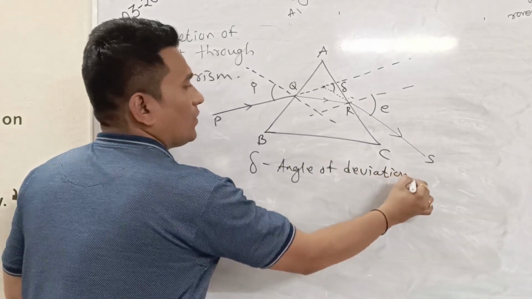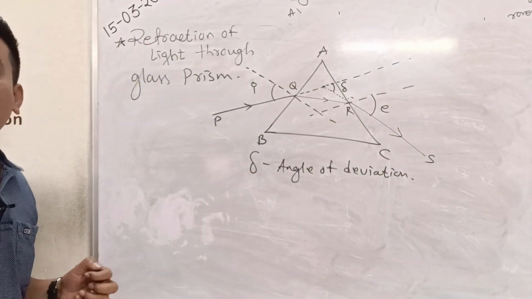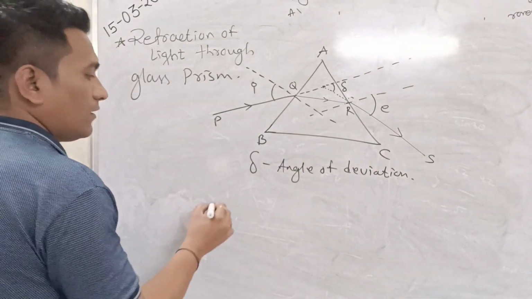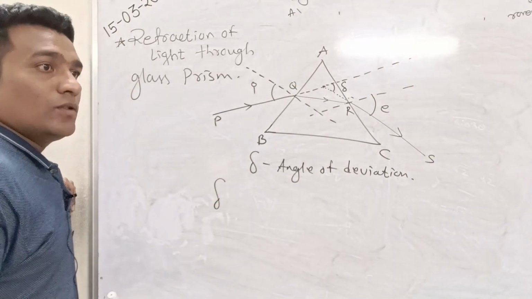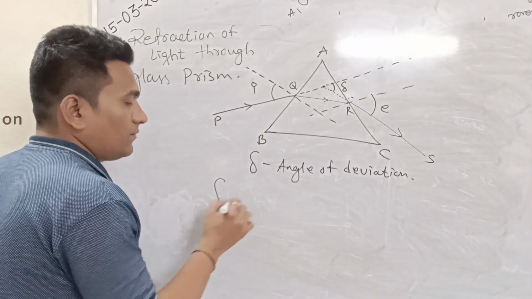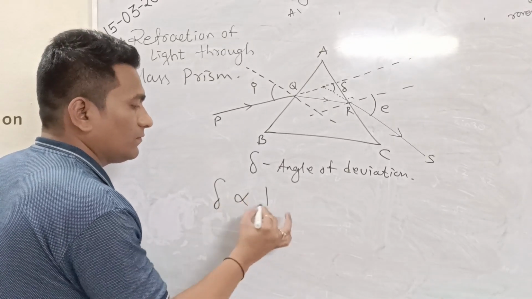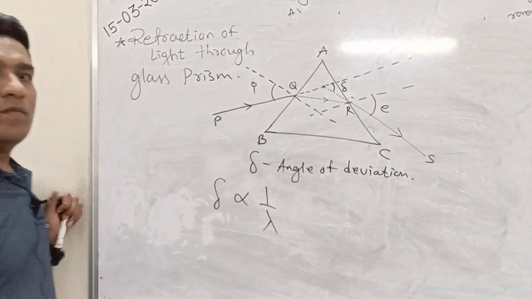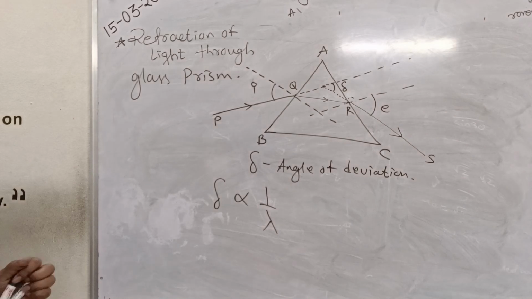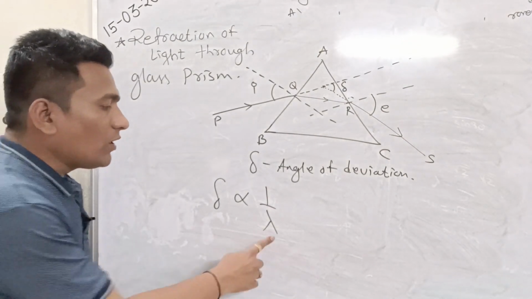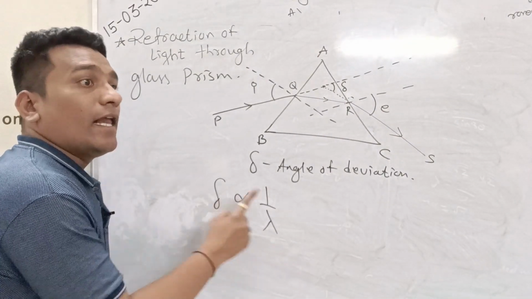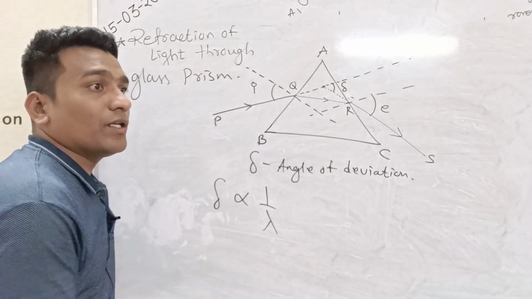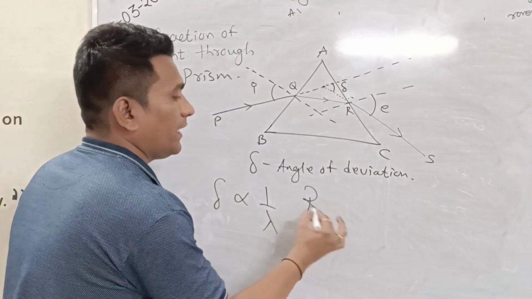Now one more thing to note over here, that delta depends on wavelength: more the wavelength, less the deviation; less the wavelength, more the deviation. So which color light will deviate more?